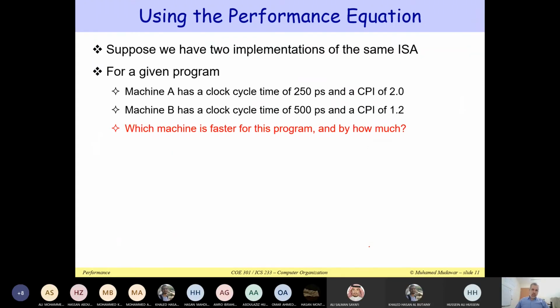So suppose we have 2 implementations of the same instruction set architecture. What does this mean? 2 implementations of the same ISA. Can we have 2 implementations of the same ISA? I mean, same interface, as we said. No, the same instruction set architecture. So how can we have 2 implementations of the same instruction set architecture?